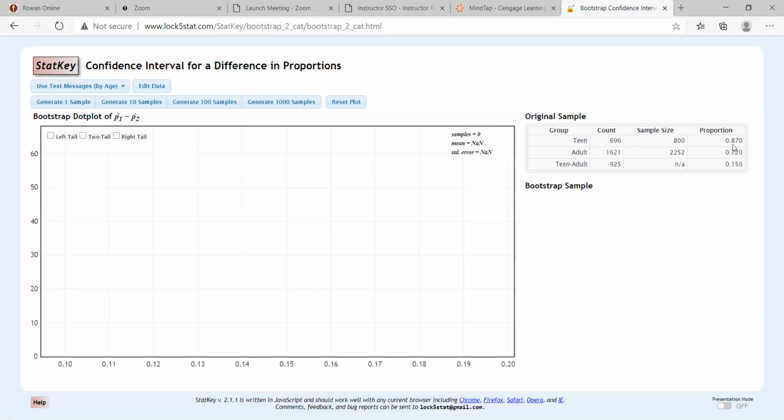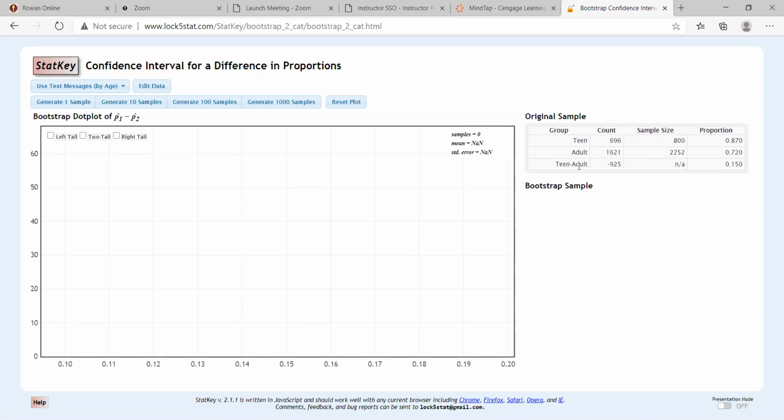If you divide those two numbers, you get 0.87. 87% of teens in that sample use text messages. And then we asked how many adults? 2,252 adults. And 1,621 of them said they use text messages. And if you divide those two numbers, you get 0.72.